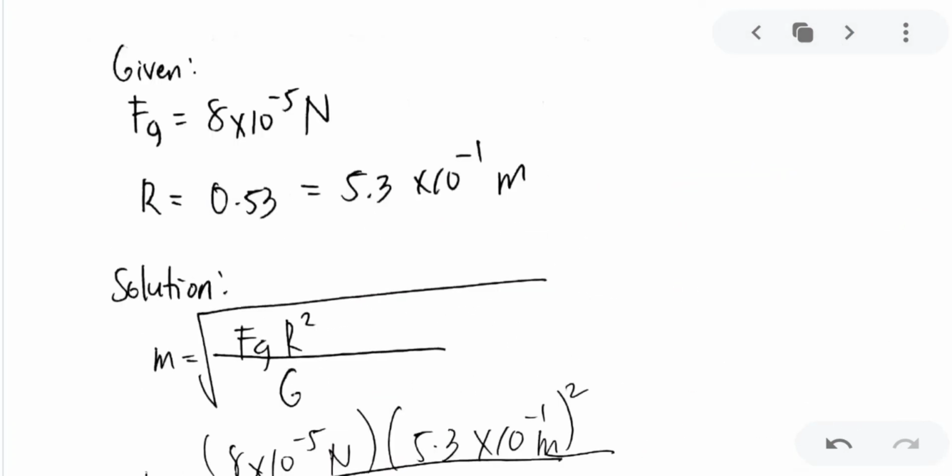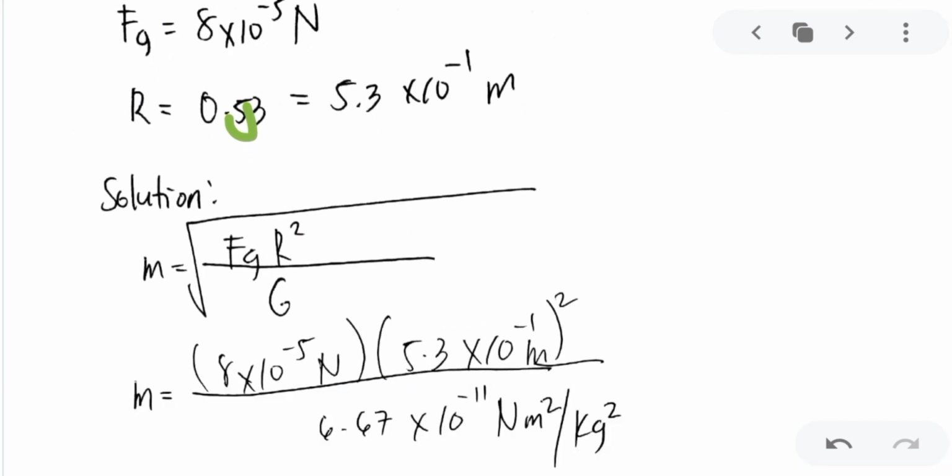Again, the given values: the gravitational force is 8 times 10 raised to negative 5 Newton, and the separation distance is 0.53, or 5.3 times 10 raised to negative 1. You may use 0.53 if you want, but I'm using 5.3 times 10 raised to negative 1. They are the same either way.